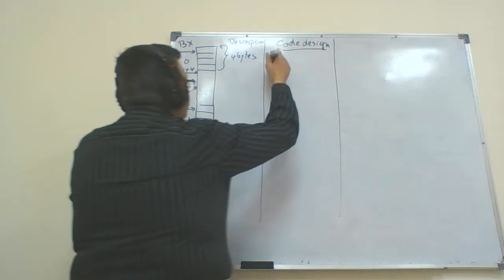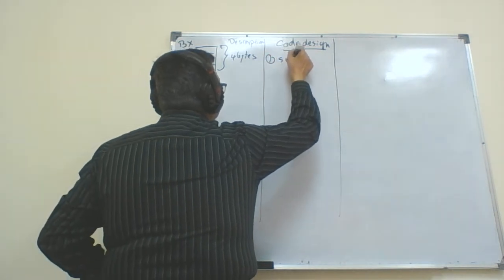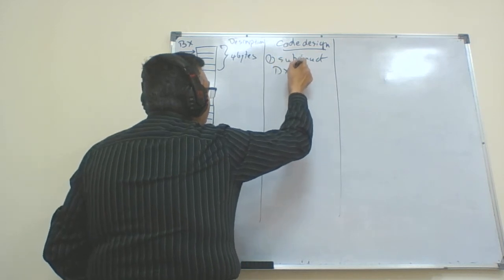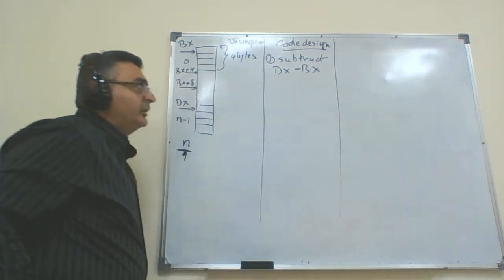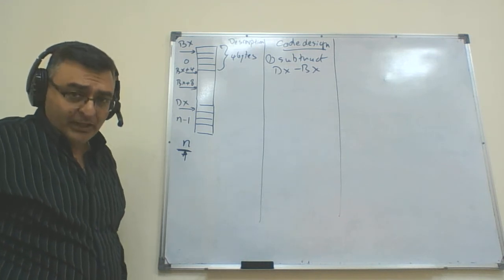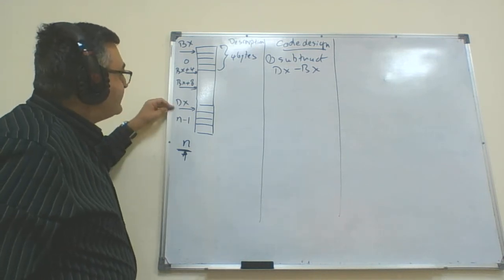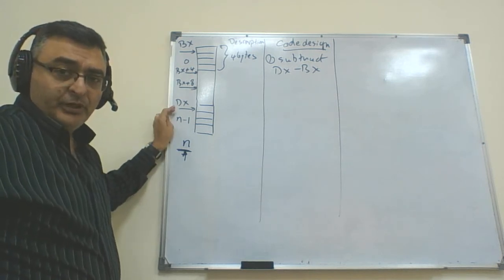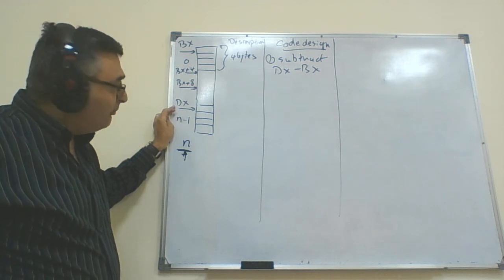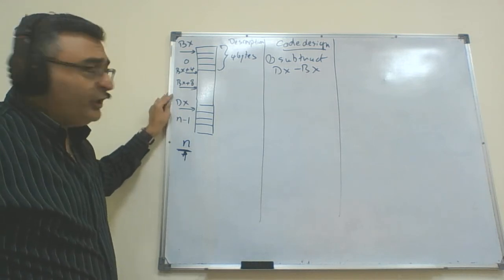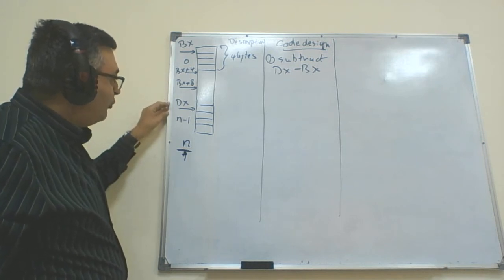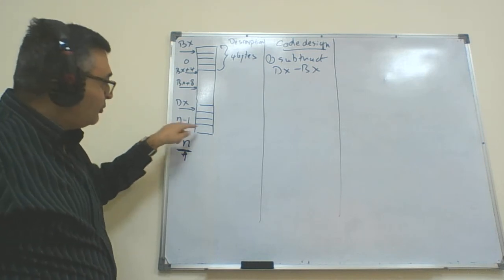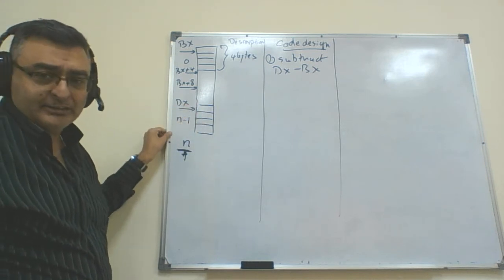So the design is first to subtract DX minus BX. This subtraction will give me the number of bytes between BX and DX. Agree? It is the number of bytes for n-1 elements, because the last element is not counted yet.